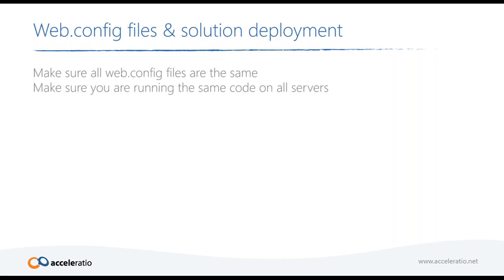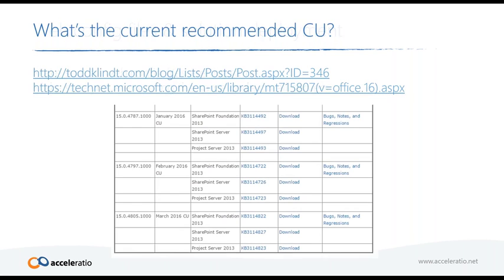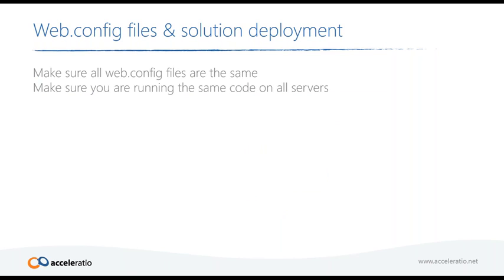We have also seen that for many people, when they are deploying custom code, so web parts and features and stuff like that, if they have multiple web servers, all the changes are not propagated correctly. Many people have differences in web config files across different servers, and the same version of code is not running on every single server.